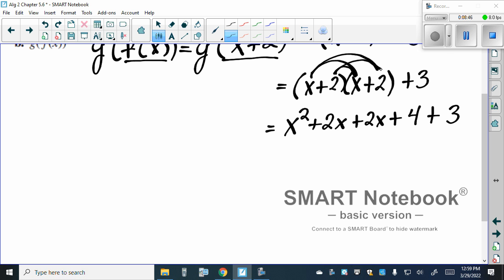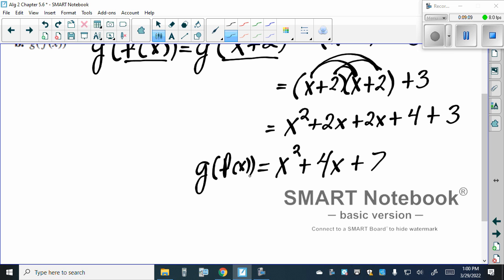So it ends up being that x plus 2 times x plus 2 is our x squared plus 4x plus 4. But we still need to combine the last two terms. 4 and 3 gives us plus 7. So this here is our g of f of x.